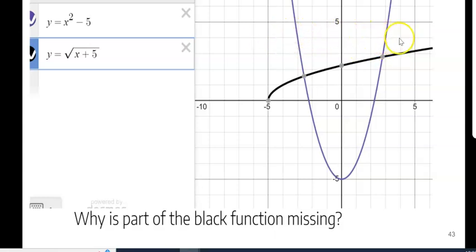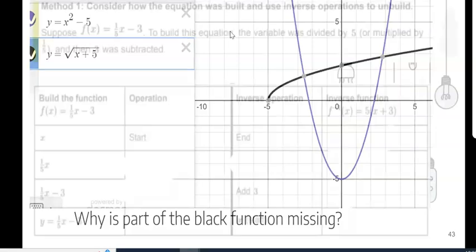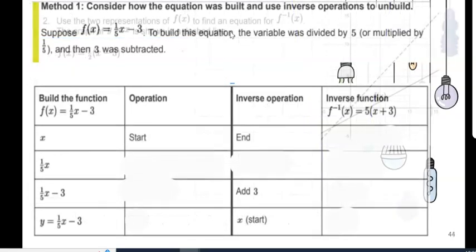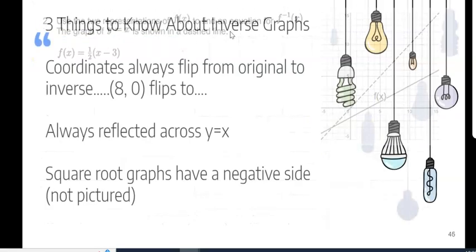Touching twice is a bad thing for inversing. Touching a vertical line twice means not a function. Touching a horizontal line twice means the inverse is not a function. Kind of a technical type lesson to deal with.